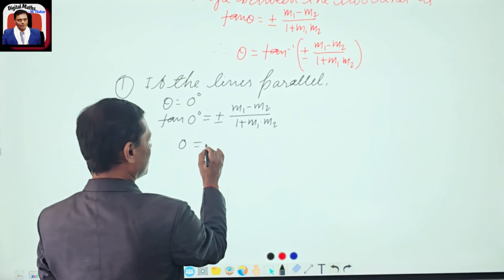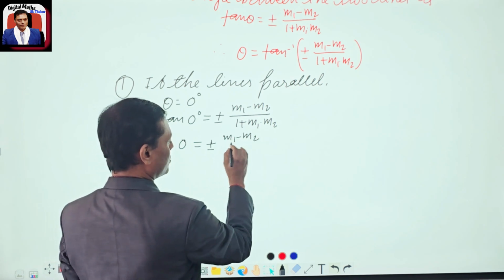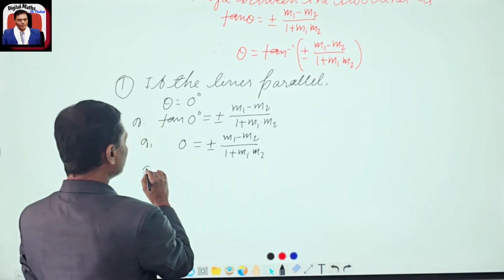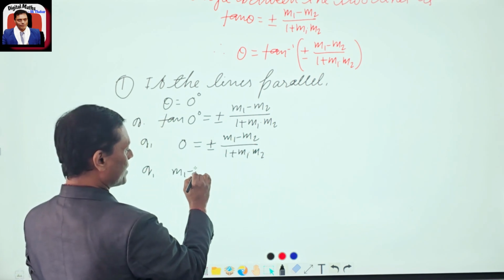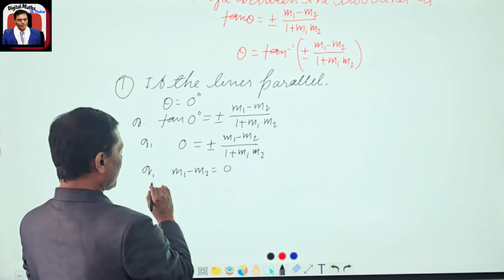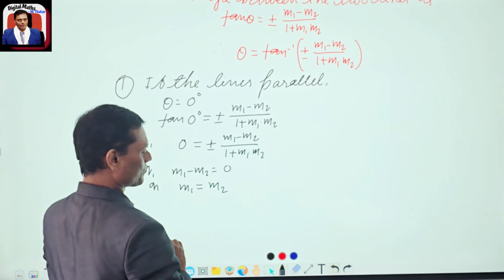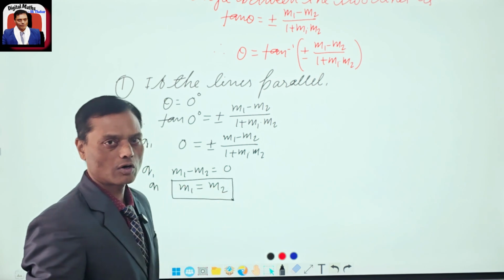So 0 equals (m1 minus m2) over (1 plus m1 dot m2). Cross multiplying, we get m1 minus m2 equals 0, which means m1 equals m2.